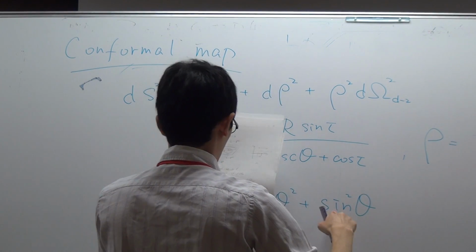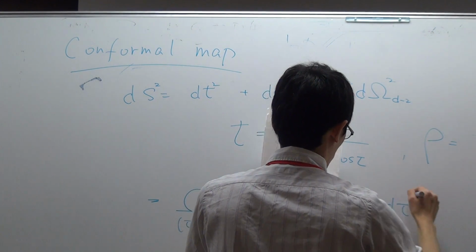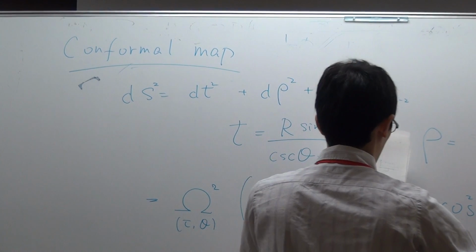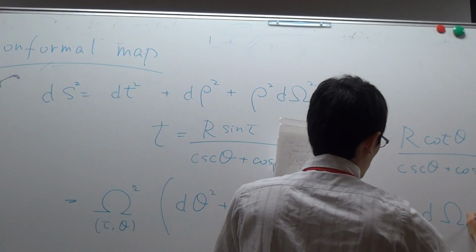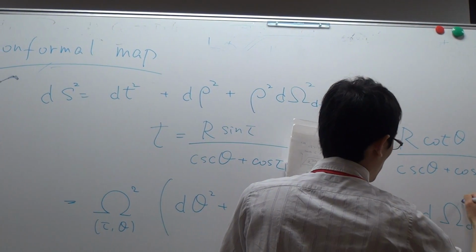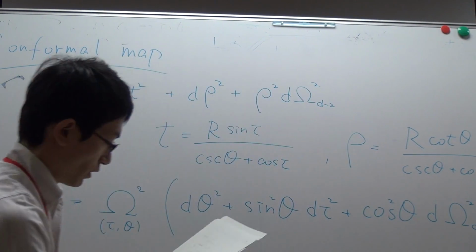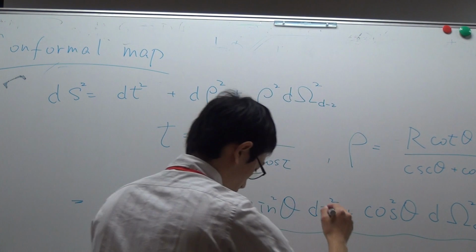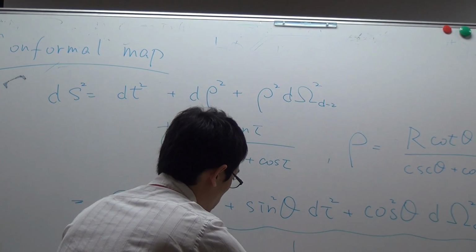So you have sine squared theta, cosine squared theta, and the metric for the d minus 2-dimensional sphere. Okay? So this part describes the d-dimensional sphere.